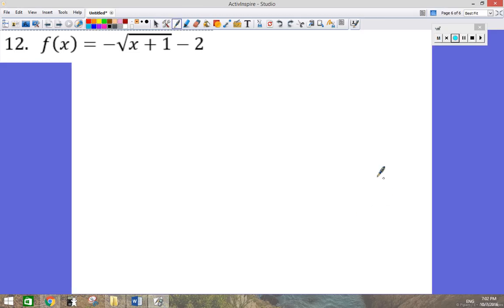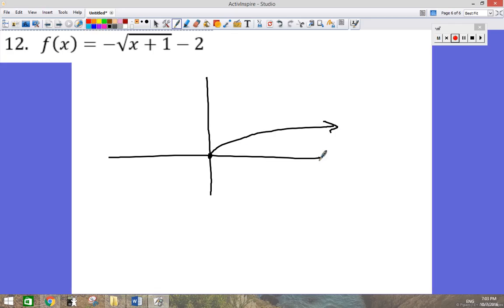We have this problem number 12, which I think is our last problem. This function is the parent function of a square root function. I see three transformations on that square root if I want to think about the graph of f. A terrible sketch of the square root function looks something like this. It's hard to freehand. The plus 1 shifts to the left 1 unit, so this is negative 1.